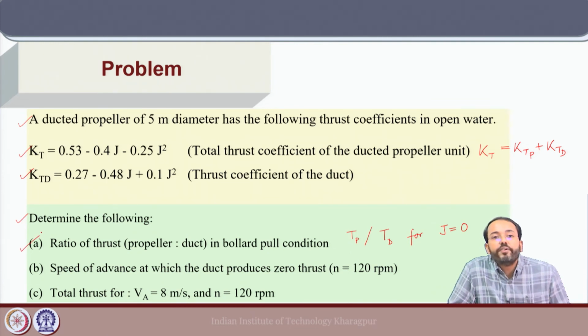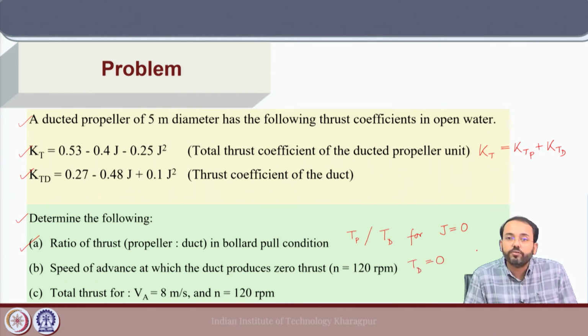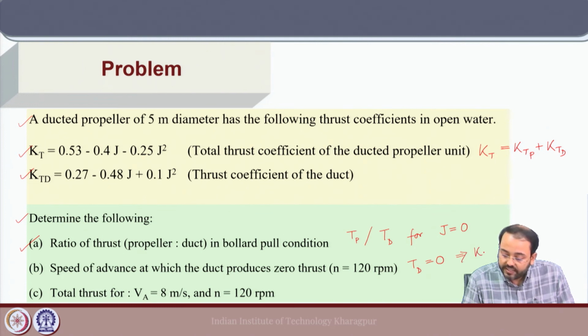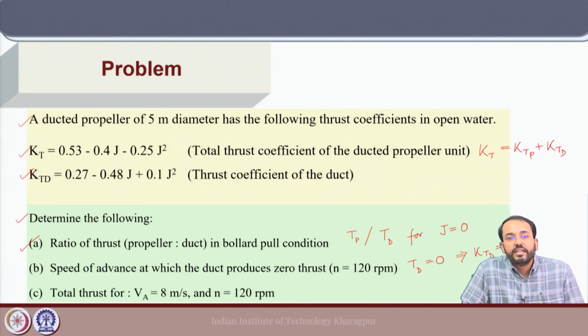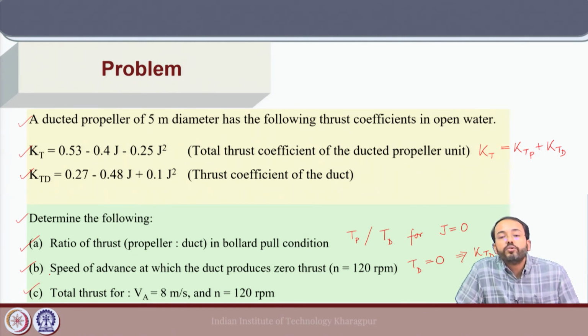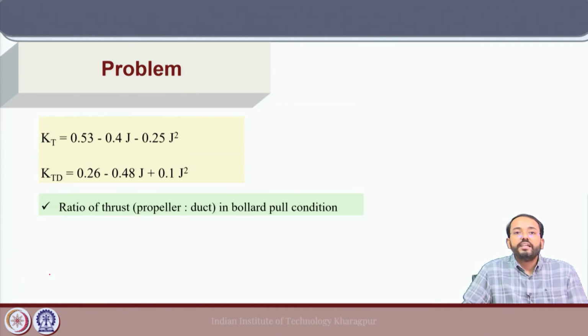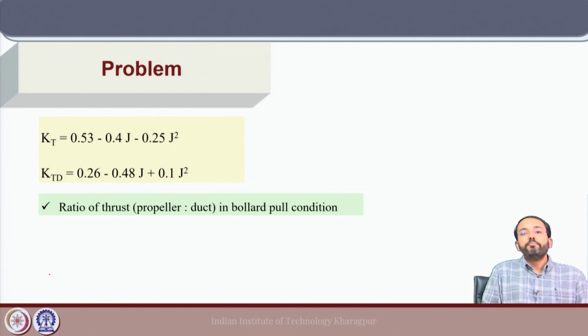Next, the speed of advance at which the duct produces 0 thrust, that means thrust of the duct is equal to 0, which implies Ktd will be equal to 0, and for that condition we have to calculate the speed of advance given the RPM of the propeller. And the third part is to calculate the total thrust for a given value of Va, the advance speed, and the RPM of the propeller. Let us look into these parts step by step.